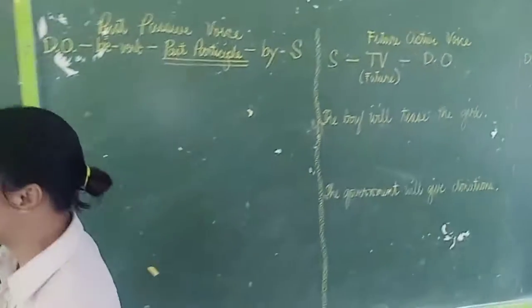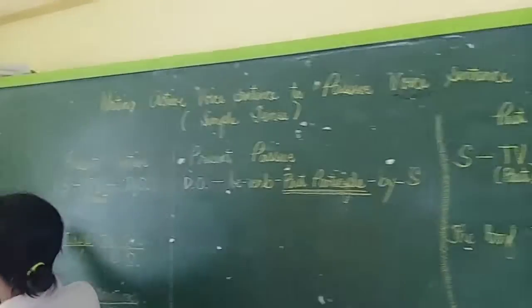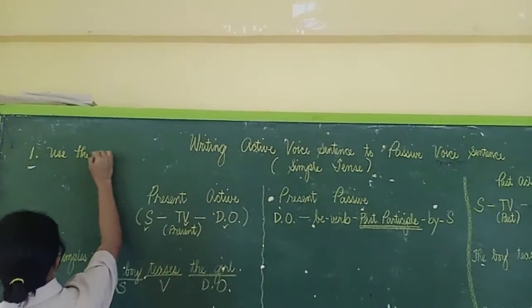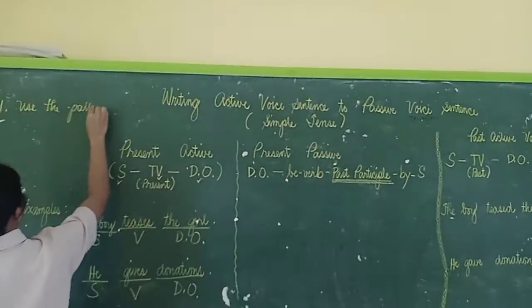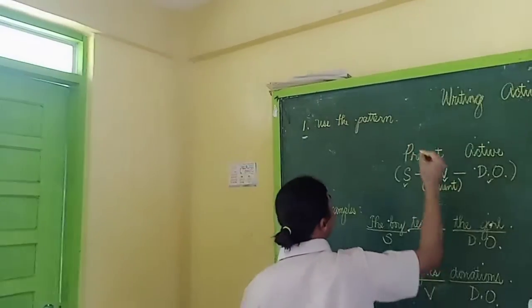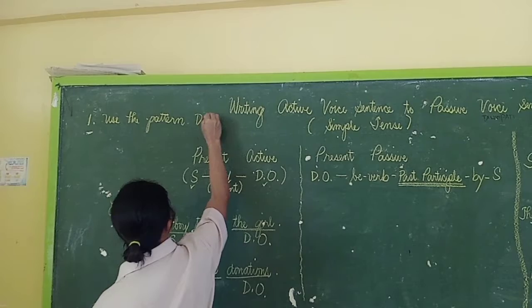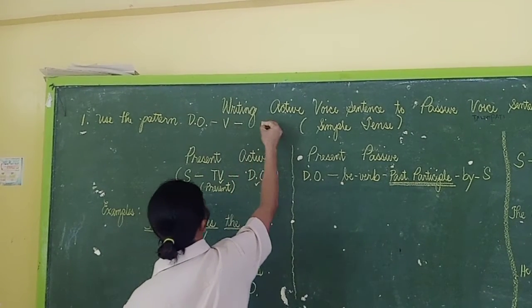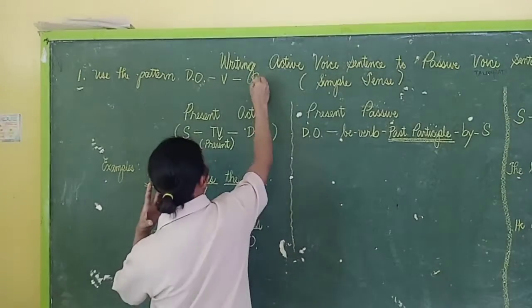Okay, let's start. So again, number 1, use the pattern provided. Use the pattern where the direct object comes first, then followed by the verb, and then followed by the subject.